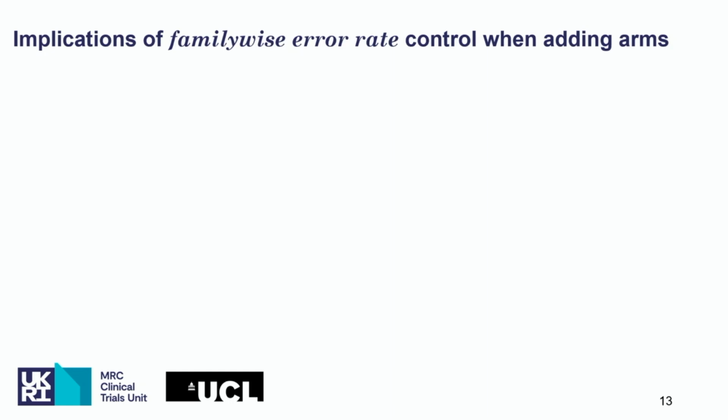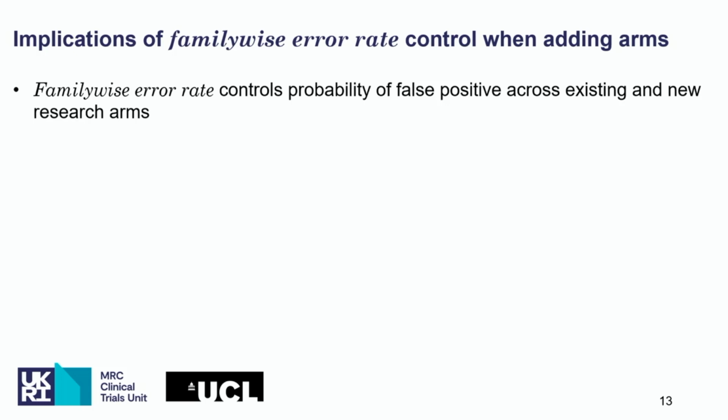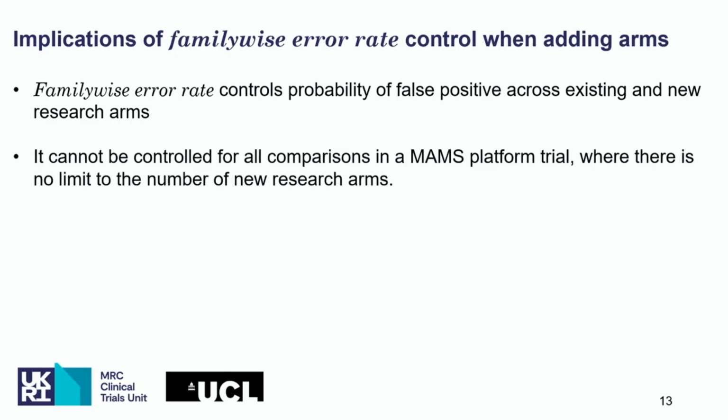The implication of family-wise error rate control when adding arms is that you are controlling the probability of a false positive for both the existing arms and the added arms. You need to think carefully about whether you need to do that, and that depends on the research questions you are posing. And you cannot, in fact, control the family-wise error rate for a platform trial when you don't know how many arms you are going to add.